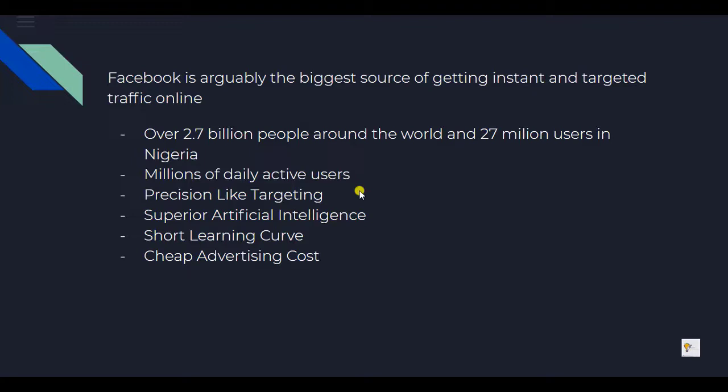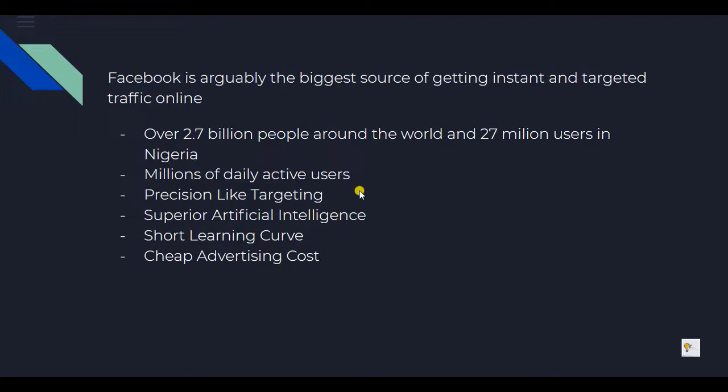Facebook also has superior artificial intelligence. Facebook knows how to decode what somebody likes, what somebody does not like, what somebody is interested in, and the behavior of the person, aside from the information you filled in that helps the targeting, such as your age and your location.